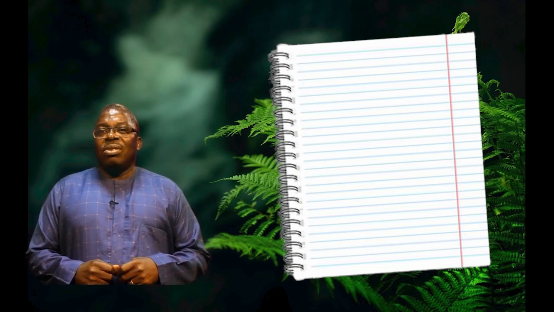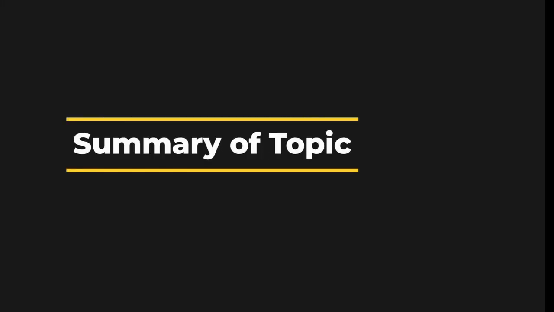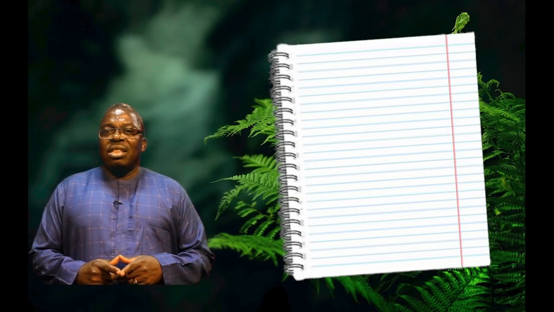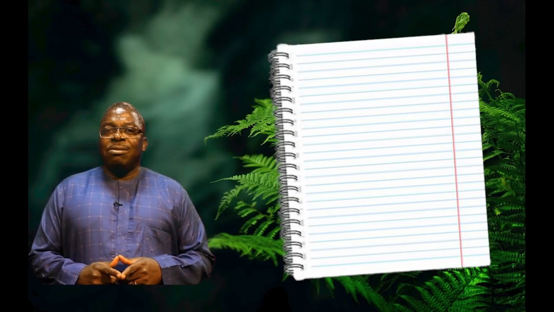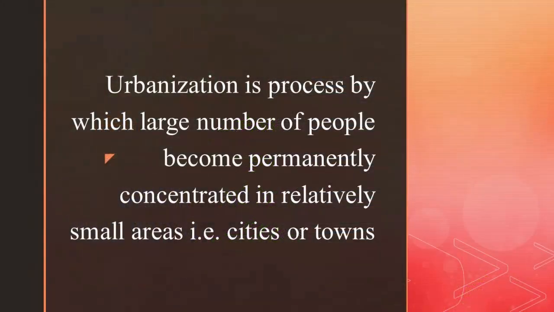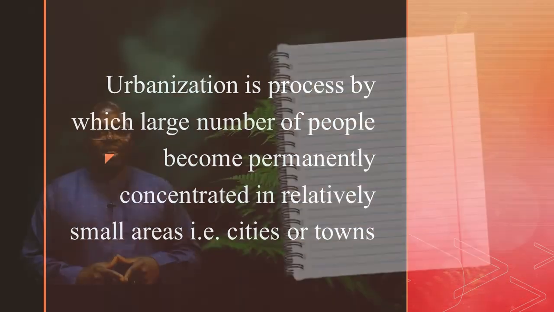Now, the summary of this class. In this topic, you have learned the following. 1, that urbanization is a process by which large number of people become permanently concentrated in relatively small areas known as cities or towns.